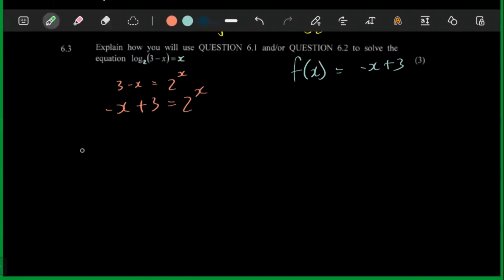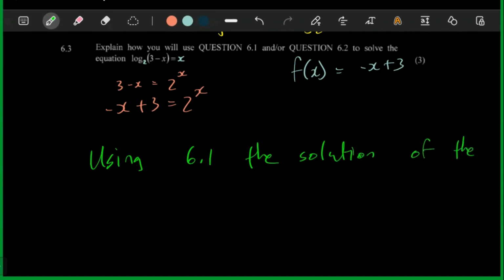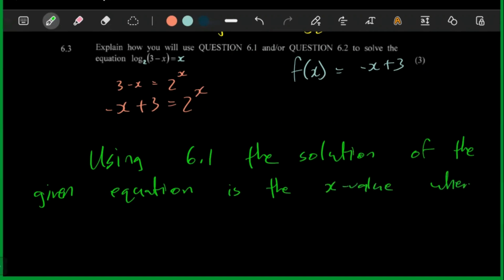So we can say here using 6.1, the solution of the given equation is the x value where the graphs meet.